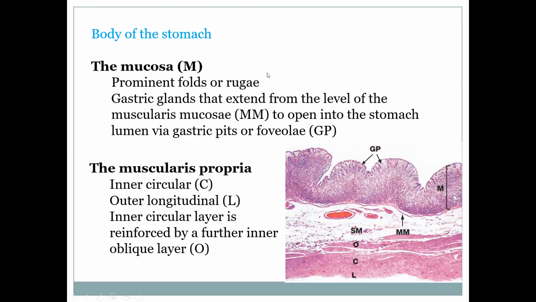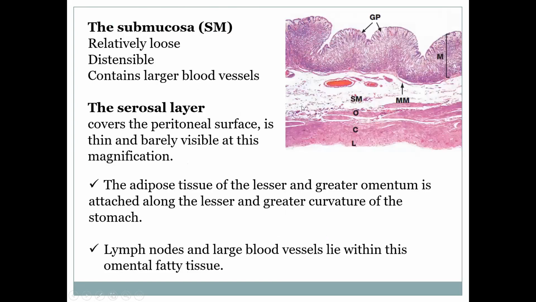In the body of the stomach, the mucosa has prominent folds or rugae. The gastric glands that extend from the level of the muscularis mucosa open into the stomach lumen via the gastric pits or foveolae. In the muscularis propria, there are inner circular, outer longitudinal and innermost oblique muscle layers.